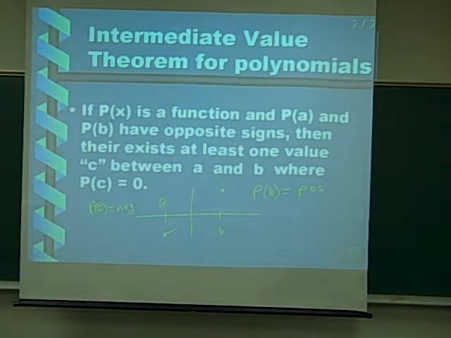Then there has to be at least one value in between A and B that intercepts the x-axis. We'll call this C. So there has to be some value C that's going to be an x-intercept.